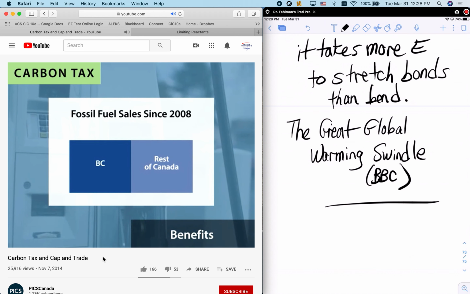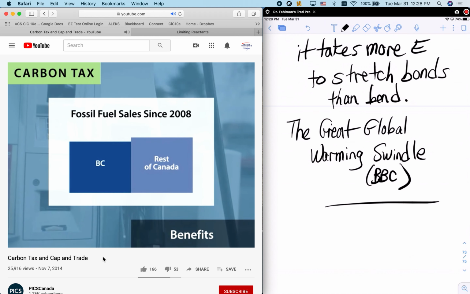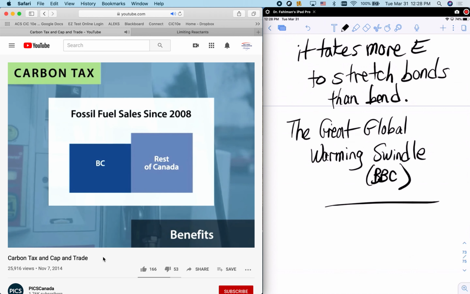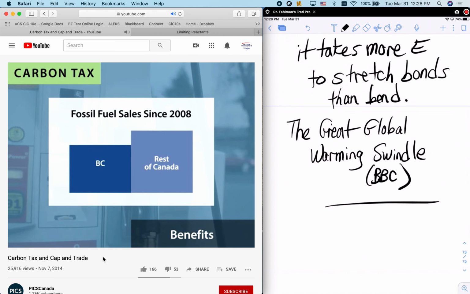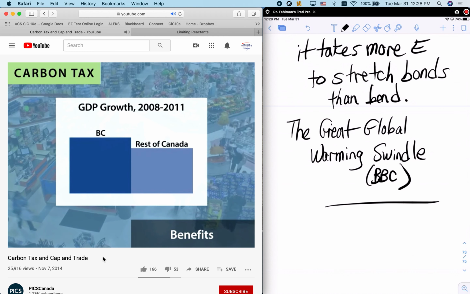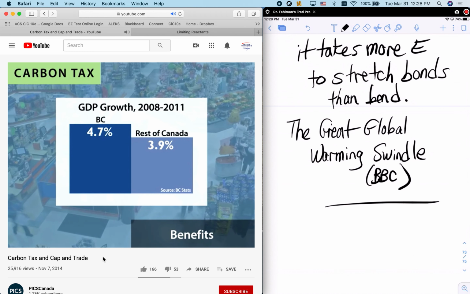Moreover, British Columbia's carbon tax is working. Since the tax was introduced in 2008, fossil fuel consumption has declined more rapidly in BC than in any other Canadian province. And over the same period, BC's gross domestic product grew faster than the Canadian average, suggesting minimal impact on the province's economy.